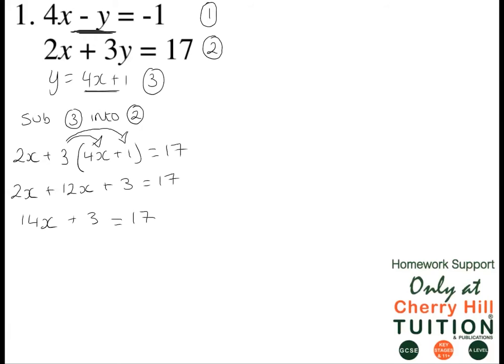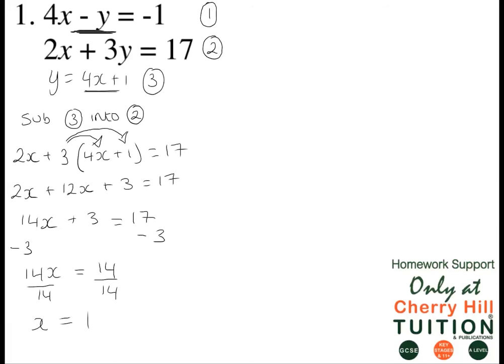And we can now minus 3 on both sides, leaving us with 14x is equal to 14. And now we can divide both sides by 14, leaving us with x is equal to 1.